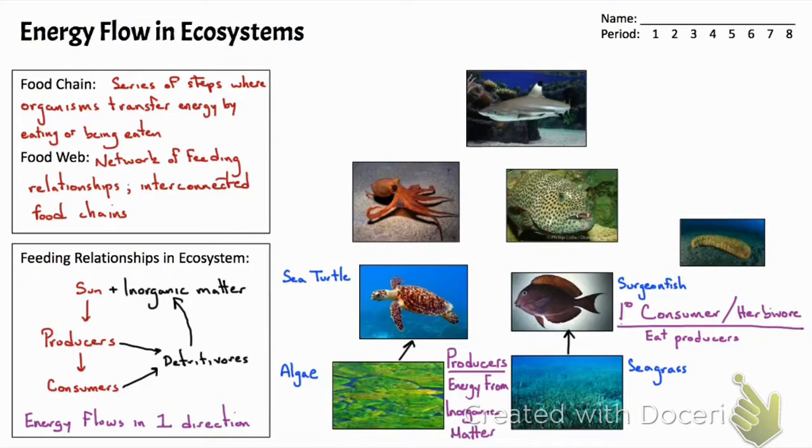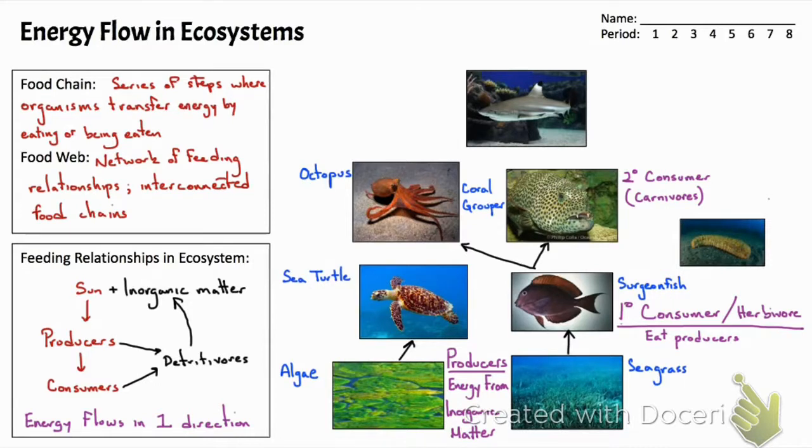Now, the surgeonfish is prey for the octopus and the coral grouper. The octopus and the coral grouper represent our secondary consumers. Secondary consumers eat primary consumers. We can also consider these secondary consumers in this case to be carnivores. There is a third classification.